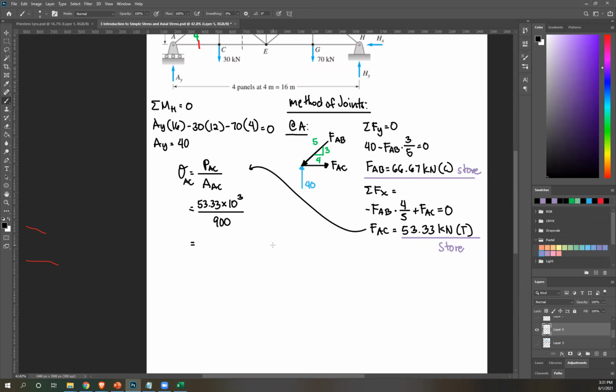Maybe you typed times 0 raised to 3. Double check what you typed in your calculator. Maybe you divided by 0. That's going to give a math error.